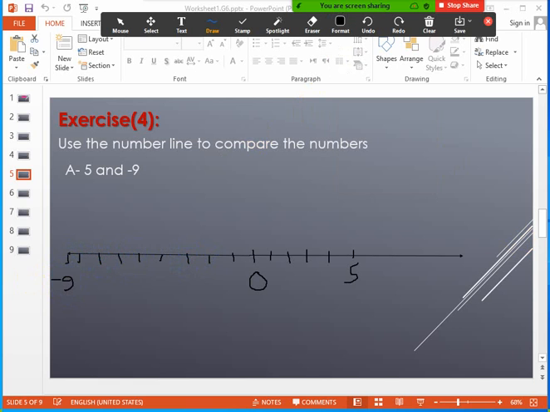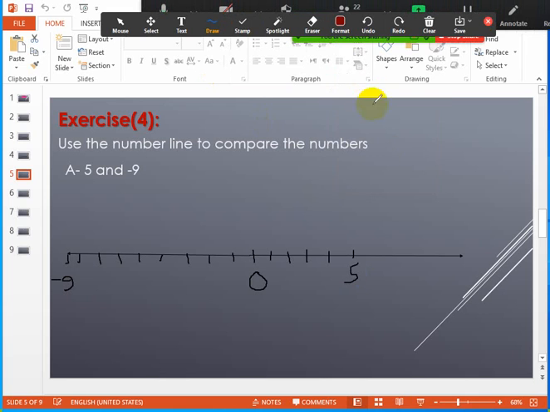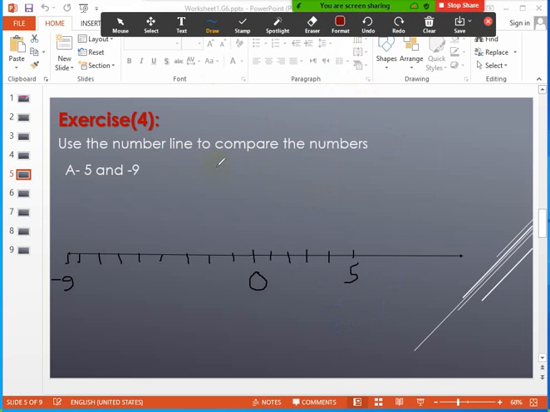Now let's see that with Farah. Yes, Farah, open the mic and tell me which one is the greater, which one is the smaller. I want to compare between those numbers. Very good. 5 is greater than -9 because which is the greatness direction?